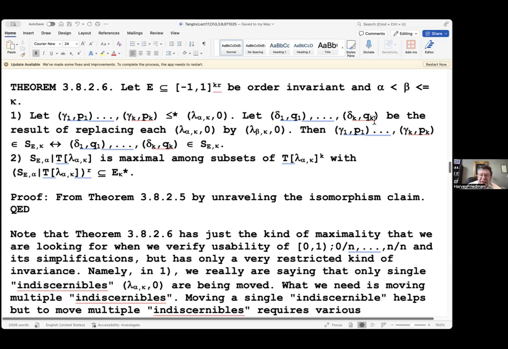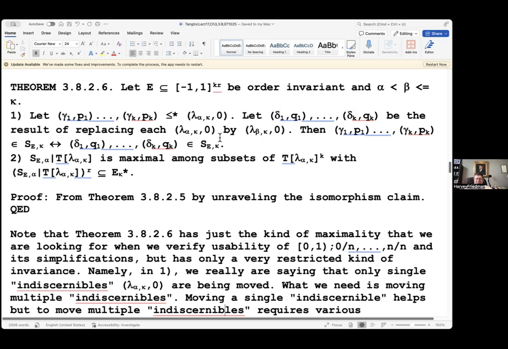Okay, so if I have these, and the idea is that, but however, this is in the transfinite. And I replace each lambda alpha kappa 0 by lambda beta kappa 0. I'm not doing simultaneous replacements. I'm just replacing the highest one.